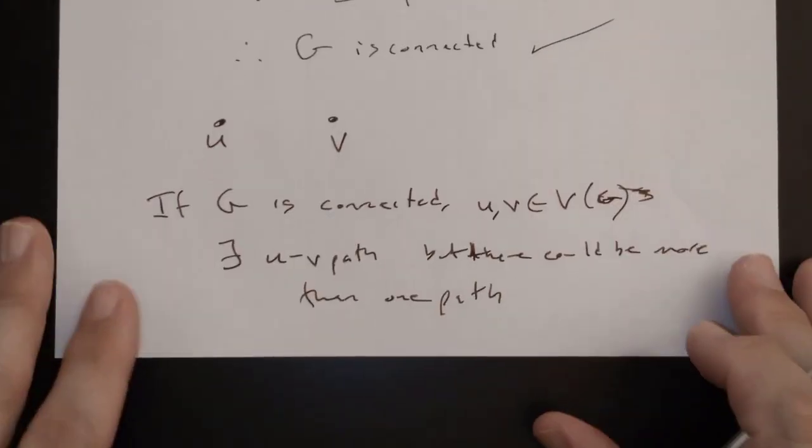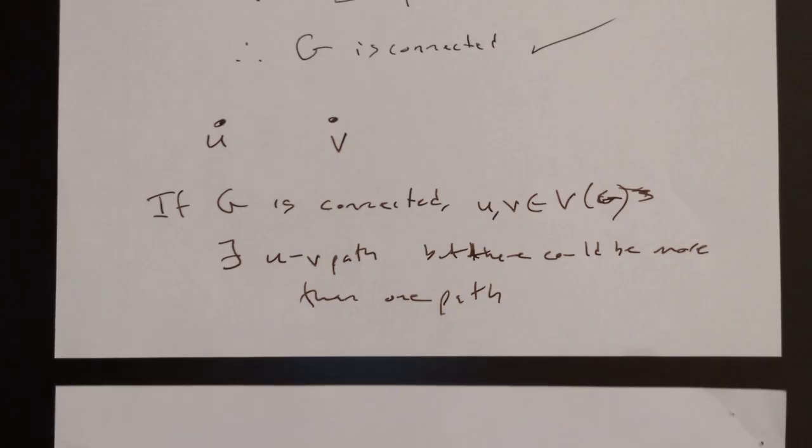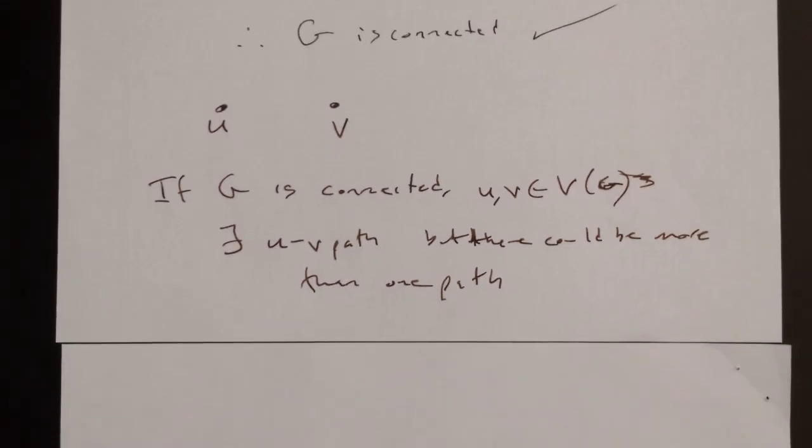How do we define the length of a path? The smallest possible path from U to V is called a geodesic.